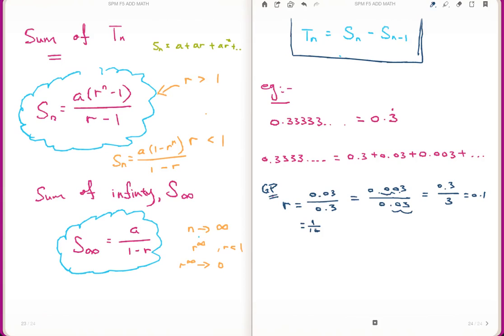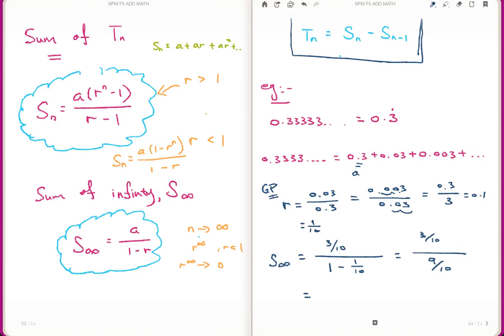Therefore, in order to get to the final form, all I need to do is to sum them. The sum to infinity equals A over 1 minus r. A is 0.3, this is my A, so 0.3 converted to a fraction is 3 over 10. 1 minus r is 1 minus 1 over 10, which is 9 over 10. Therefore, it is 3 over 10 divided by 9 over 10.